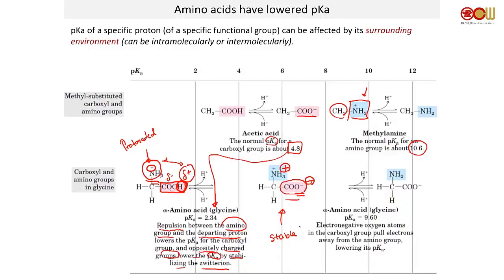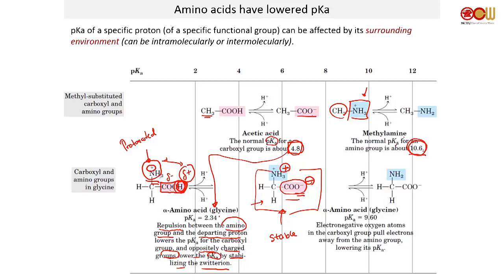The second thing is the positive charge can be stabilized by a negative charge on the same molecule. So the resulting zwitterion is stable. If this is stable, it makes the proton leave easier. So that's why you go from a pKa of 4.8 on acetic acid to a pKa of 2.3 on glycine. Now, this you have to explain. For the amino group on methylamine, the pKa for the protonated amino group is 10.6.